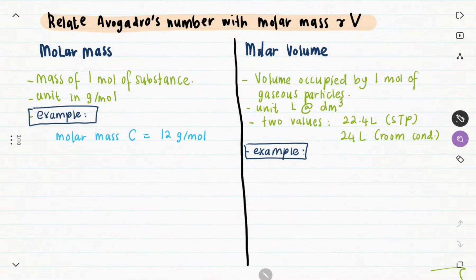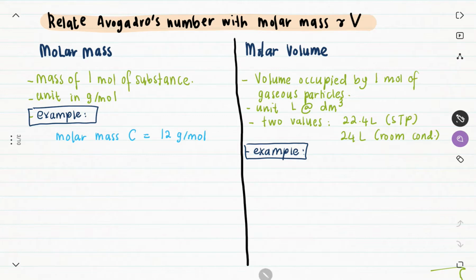And then the second objective is to relate Avogadro's number with molar mass and volume. So what is molar mass and what is molar volume? Molar mass is the mass of 1 mole of substance. The unit used in molar mass is gram per mole. For example, molar mass of carbon is 12 gram per mole.